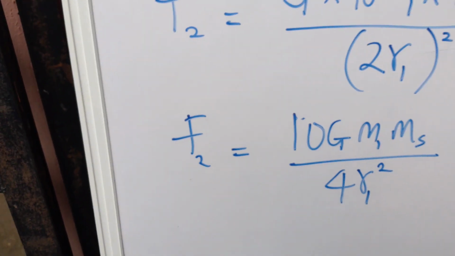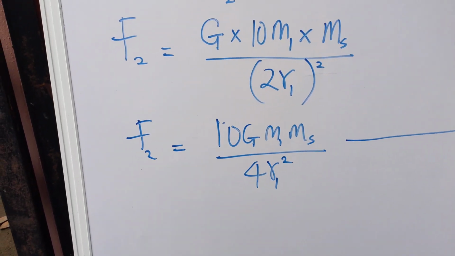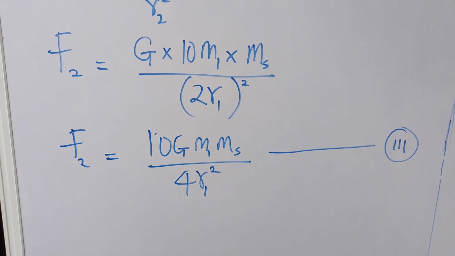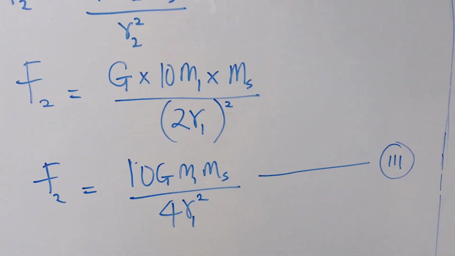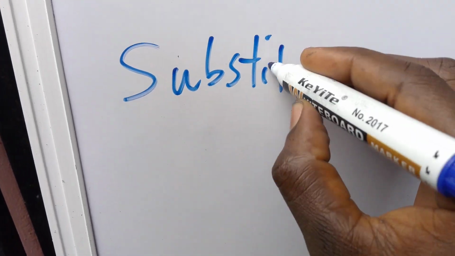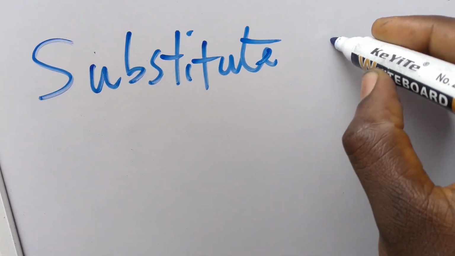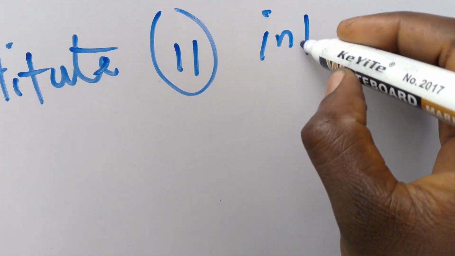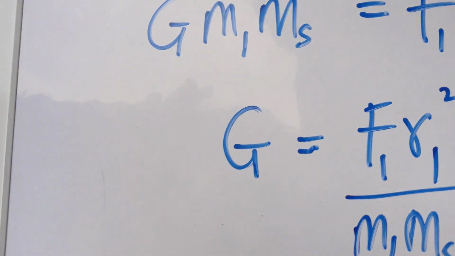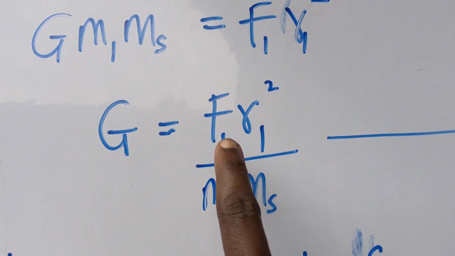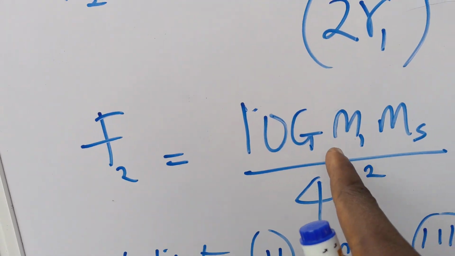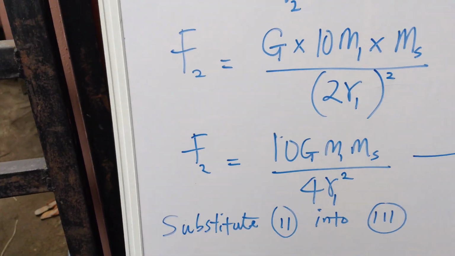All right. So if I substitute equation 2 into equation 3, anywhere I see G, I'll write F1 R1 square over M1 MS. In place of this G, I'll write that.